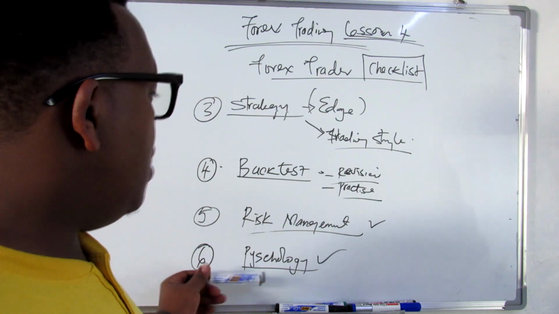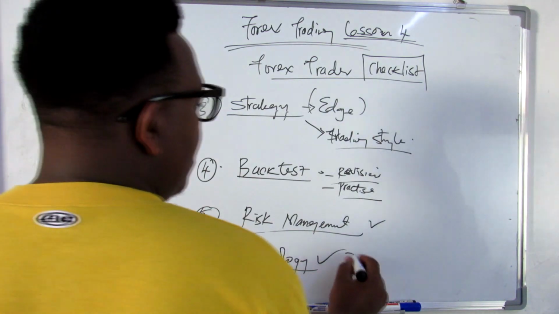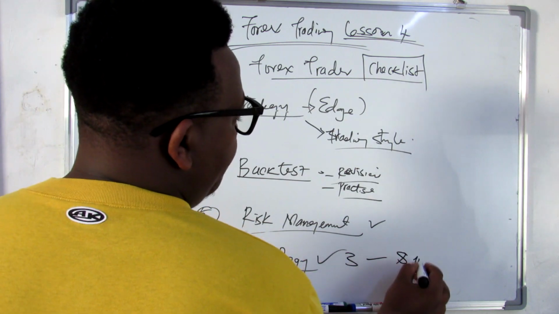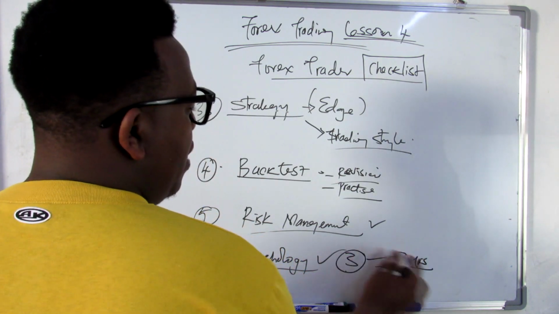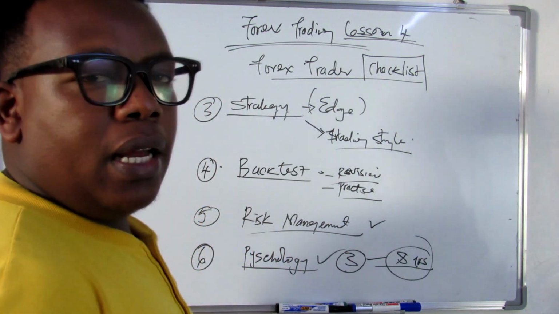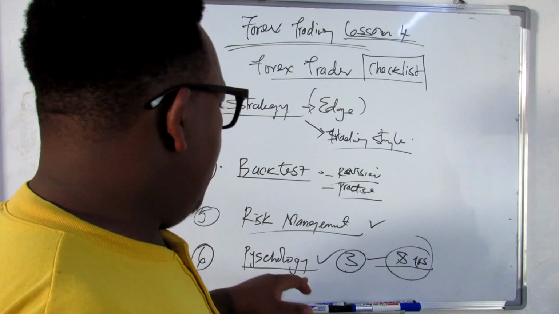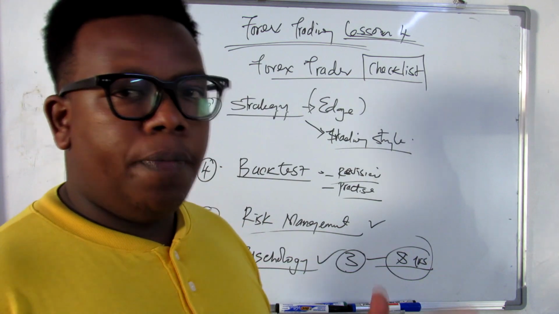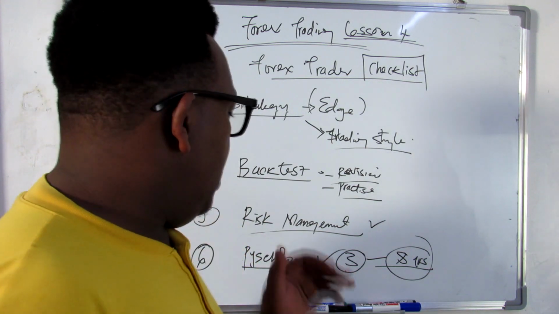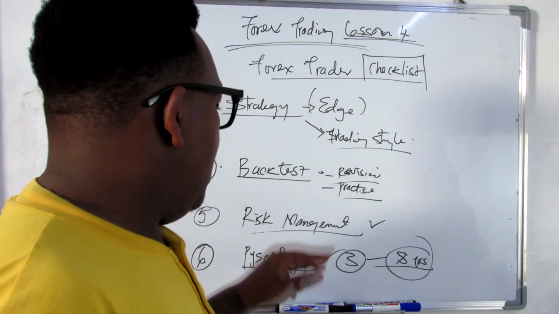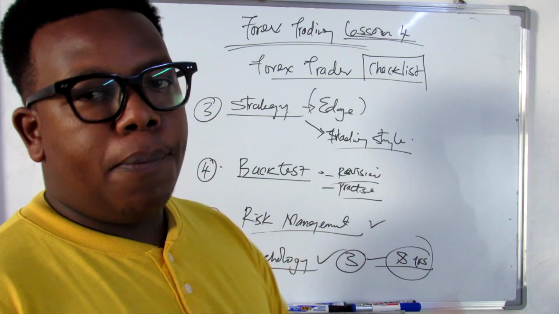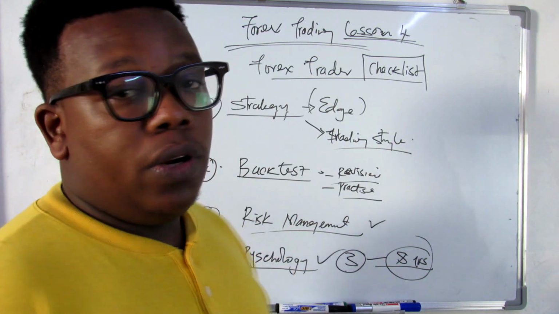With psychology, this might take even 3 to 8 years for you to master yourself, and this depends basically on the individual. This is not something you can generally say is going to take a specific time, since it's based on your personality, the person you are, and your relation to money.